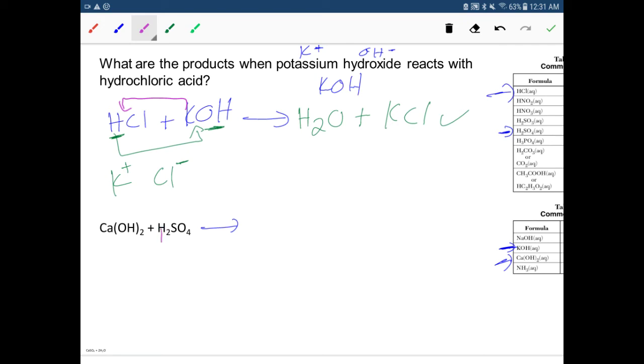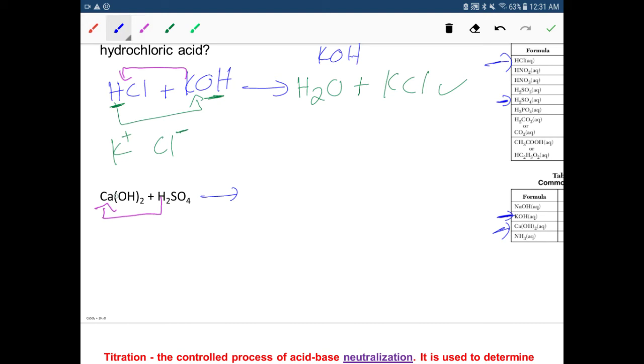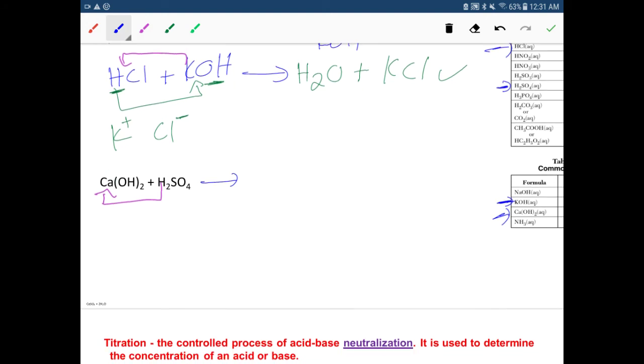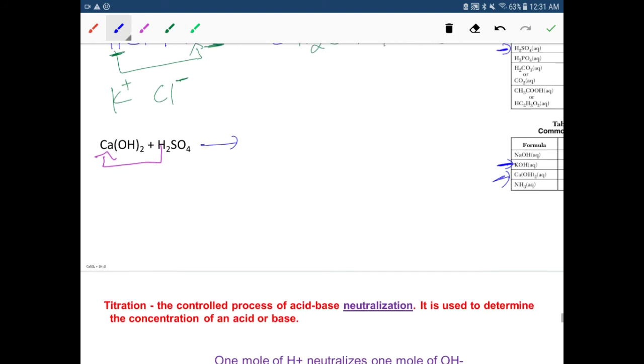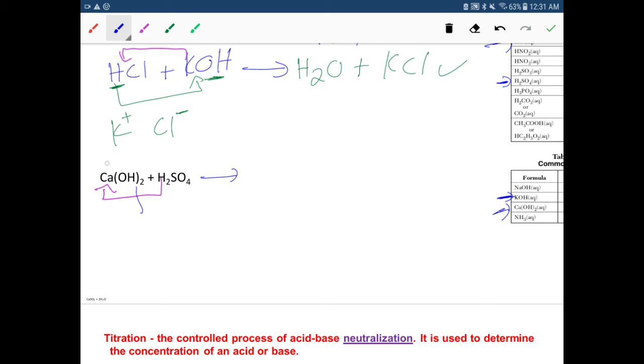Okay, so let's see our replacements here. The hydrogen will replace the Ca, and the Ca will replace the hydrogen.